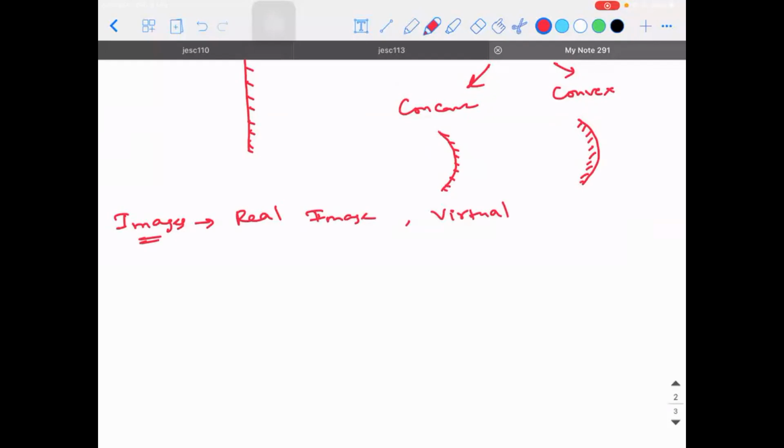Which side is the image supposed to be formed for it to be called real? Is it on the same side as the polished surface or on the other? If it is falling on the same side of the polished surface, we call it a real image. If it is falling on the other side, we call it a virtual image. Now comes another question. If I ask you about a plane mirror, does it form a real image or a virtual image?